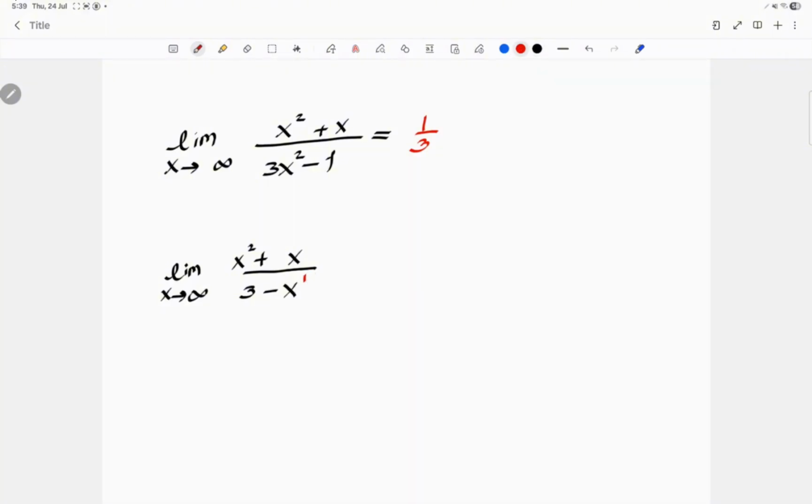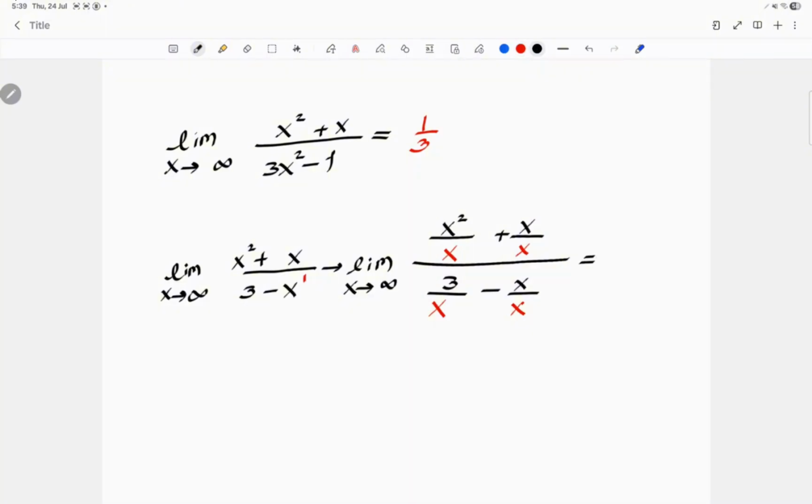No, it's 1. So divide everything by x to the power of 1, which is just x. So you're going to have limit x approaching infinity, divide everything by x: x squared over x plus x over x, 3 over x minus x over x.